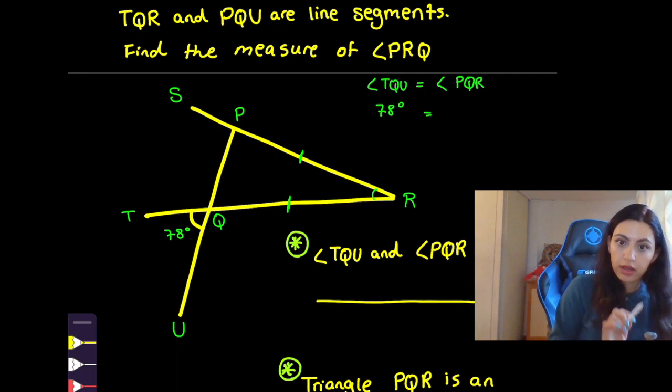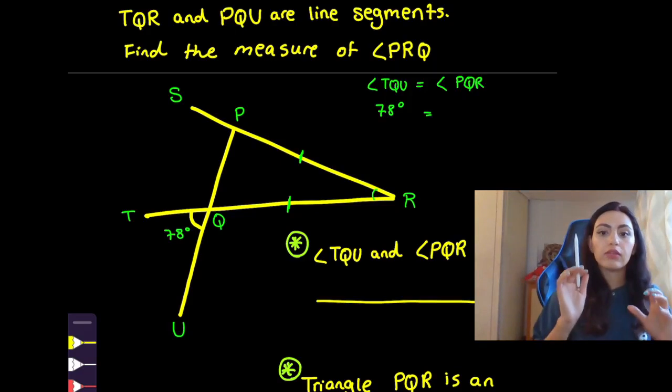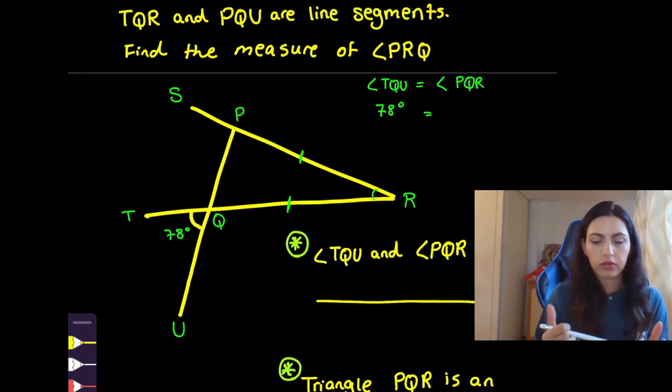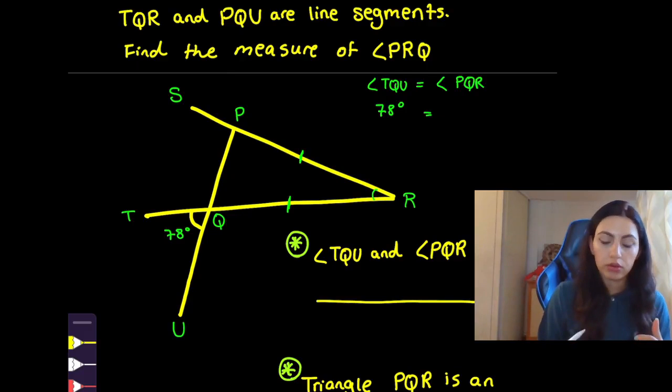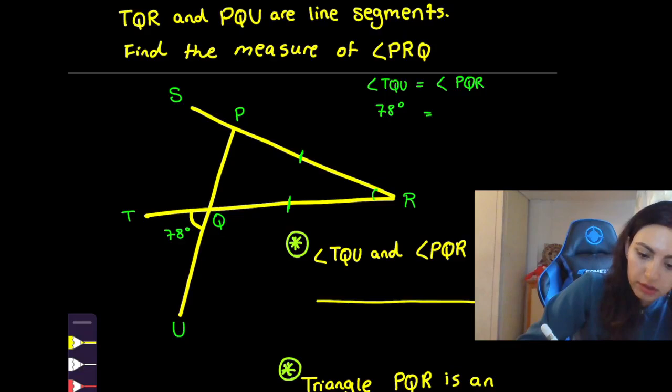Why? The rule from my other video: vertically opposite angles. Okay, so you have to remember all the rules for every question. You might have to apply one of them. That might be the only complication, to remember all the rules when you're doing every question. So we also know PQR is 78 degrees.